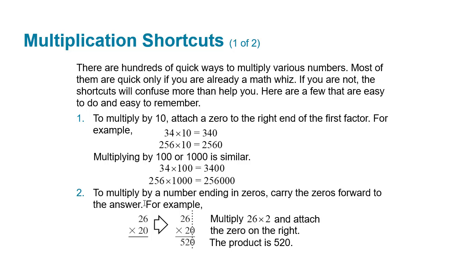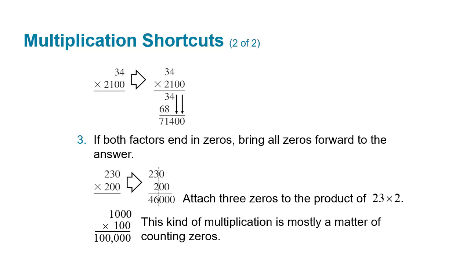And the same goes for multiplying by numbers that end in zeros, right? 26 times 20 is really the same thing as 26 times 2, which is 52, but that 0 on 20 puts a 0 on our answer, and it's 520. And that also works if both things have zeros, right? 23 times 2 is just 46, but we had 3 total zeros, so we slap 3 total zeros on the end of it, and there's our answer, right? 1,000 times 100, well, 1 times 1 is 1, and then how many zeros do we have?